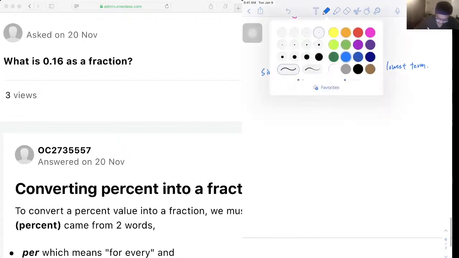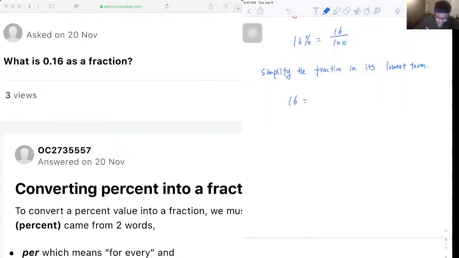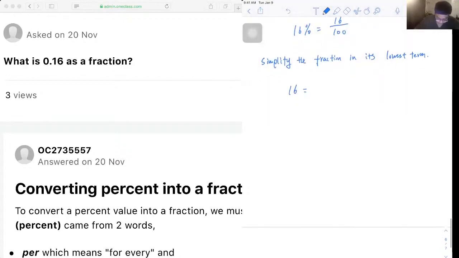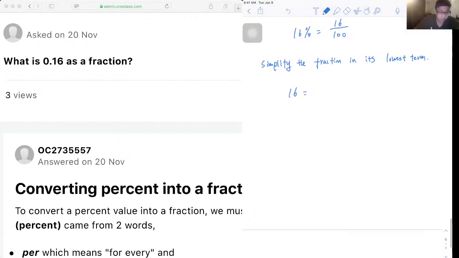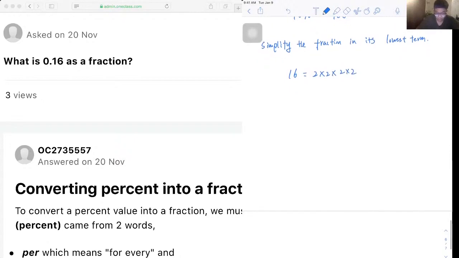In terms of 16, we know that is 2 times 2 times 2 times 2. The reason how I'm getting this is I was using this way. You don't need to show this part in your exam paper. It's just for you to remind yourself how you get this.